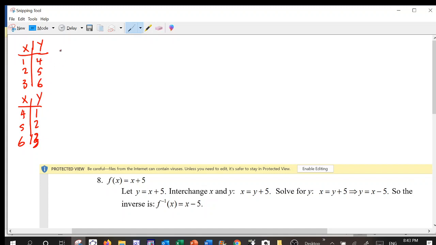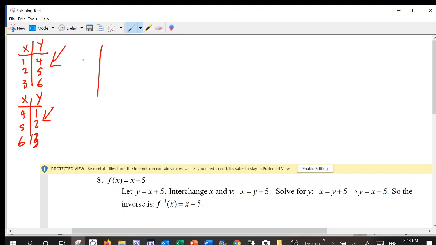But remember, this relation is a function, right? Because input doesn't repeat. This relation is also a function. So we can say these are inverse functions because both of them are functions, right?